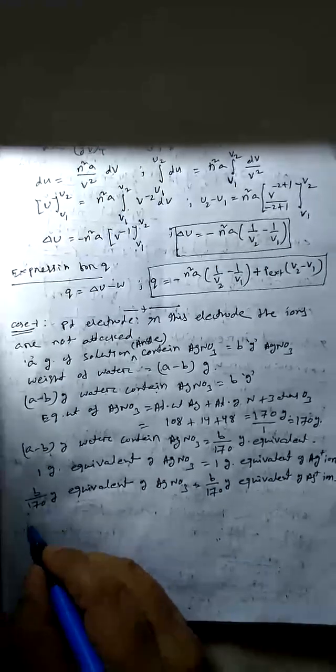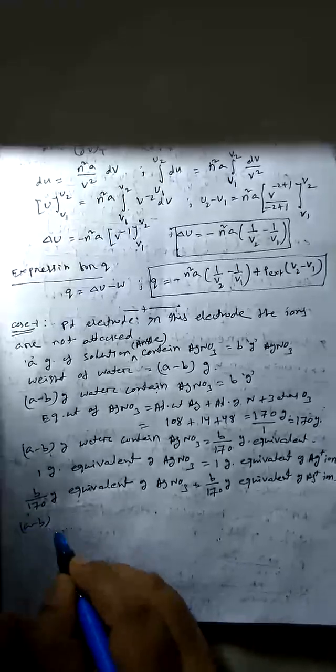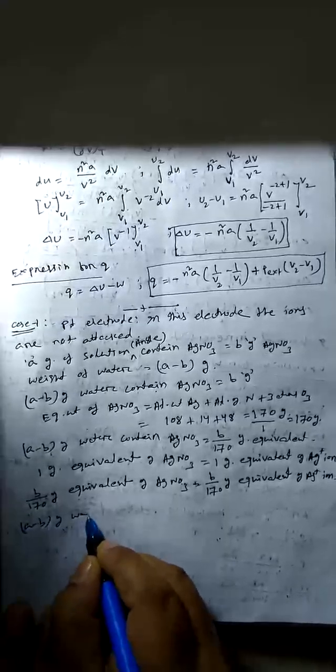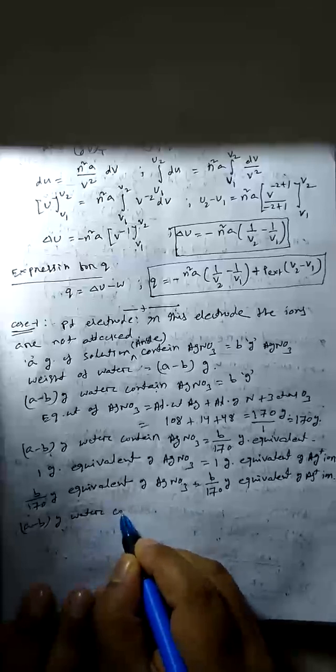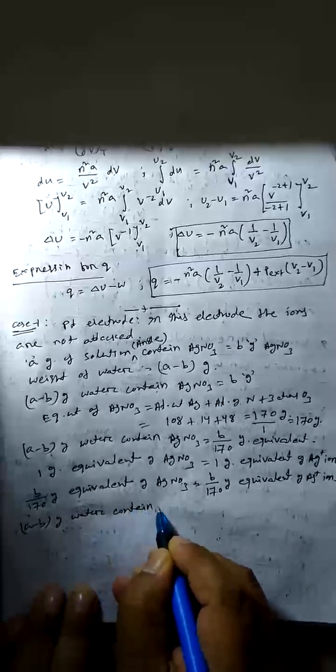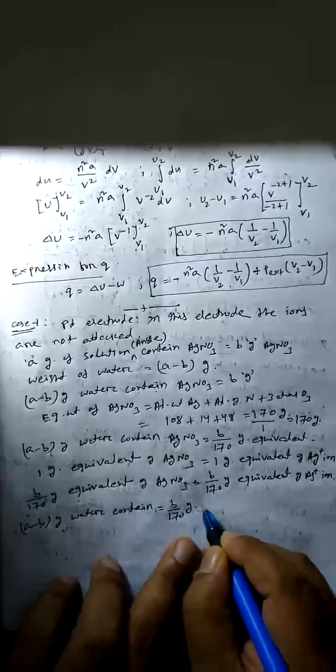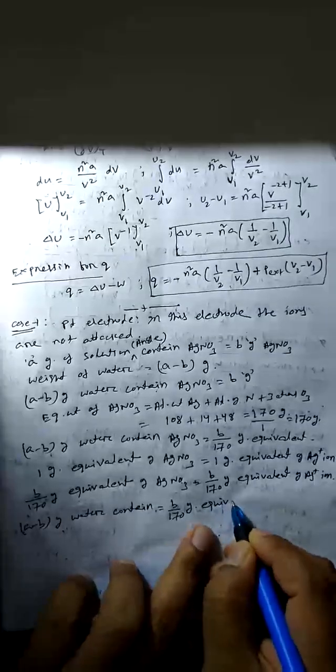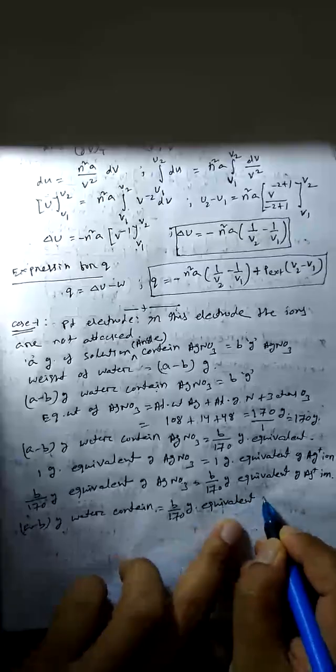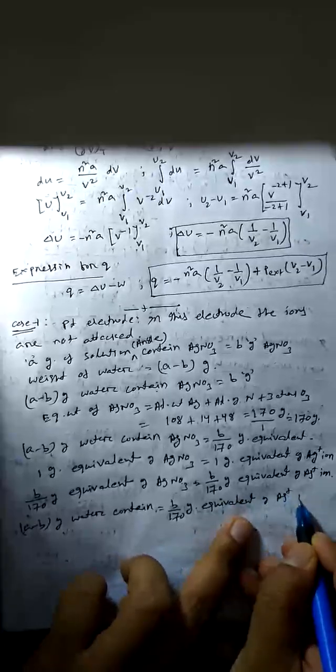That means A minus B gram water contains B by 170 gram equivalent of silver ion.